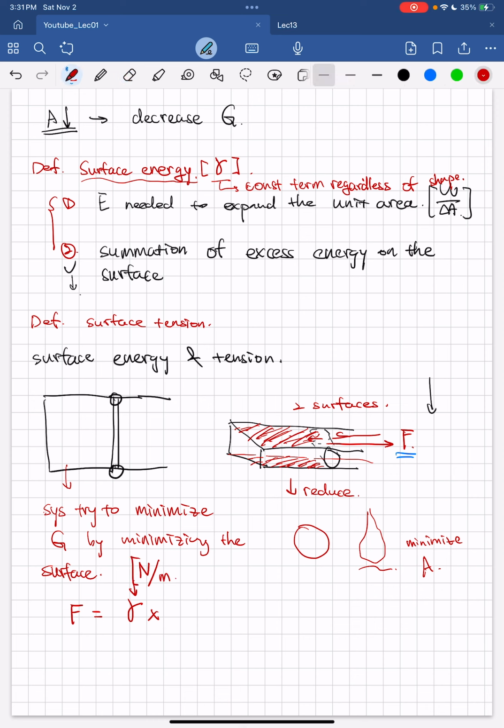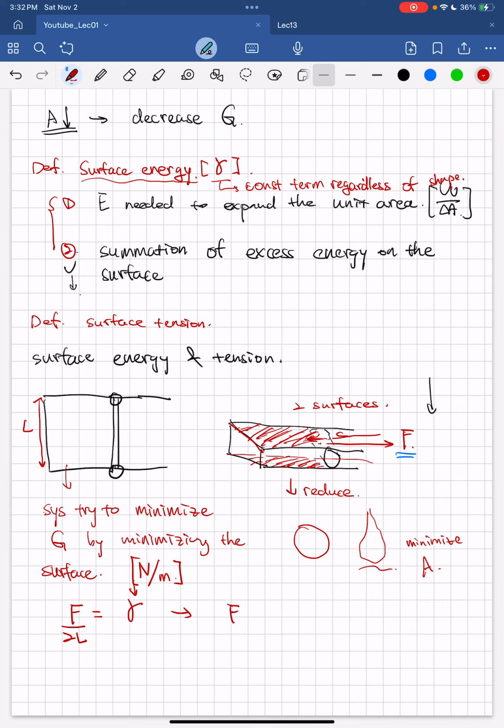Okay, so that is the force in this surface per the length, here is L. Then it's F divided by 2L is going to equal the surface tension.